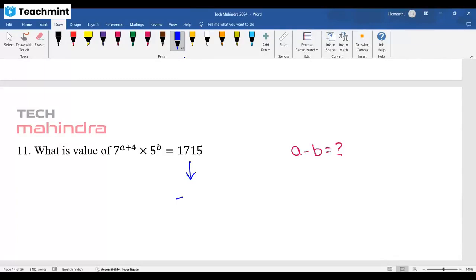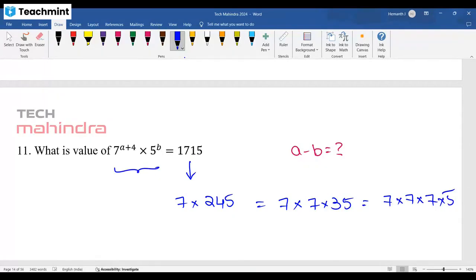If I write 7: 2 times is 14, 3 times is 21, 4 times is 28, then 5 times is 35. So again, 7 into 7 into 7 into 5. So this is actually 7 cube into 5 power 1.